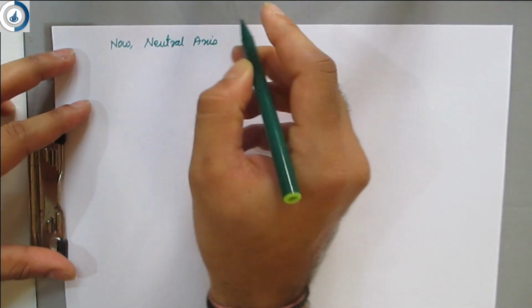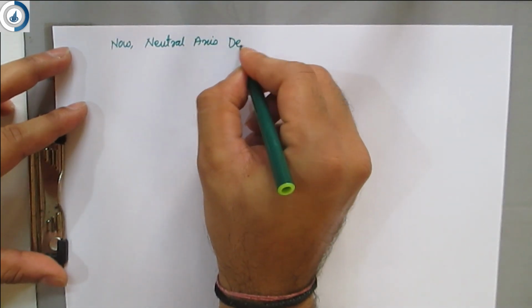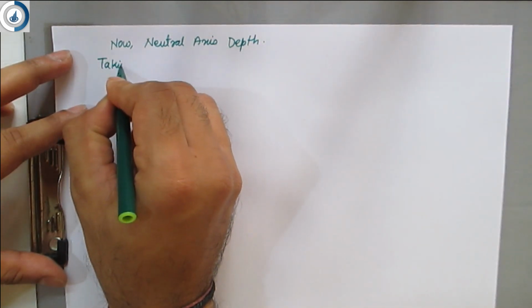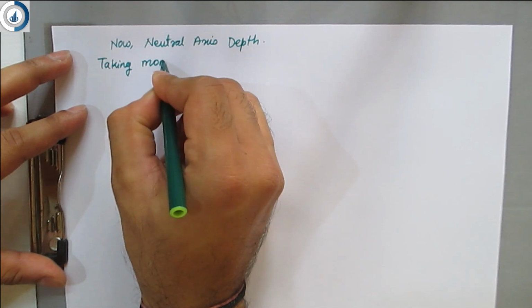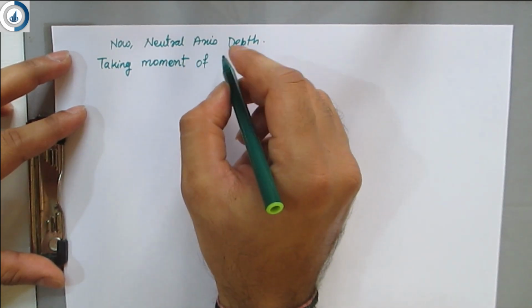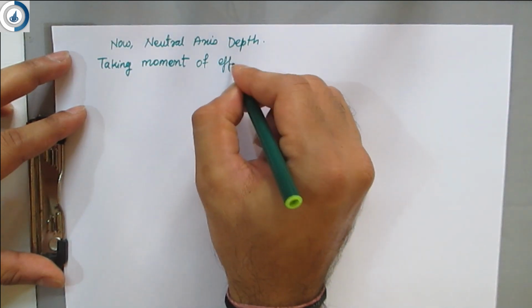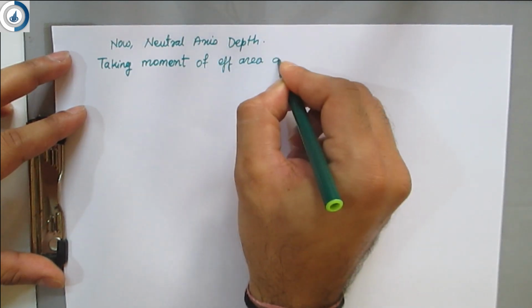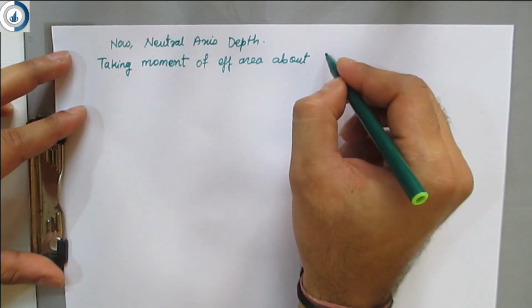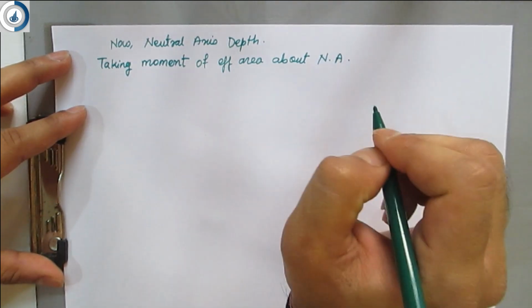So this formula you have to remember again. Okay, taking moment of effective area about neutral axis. About your neutral axis.